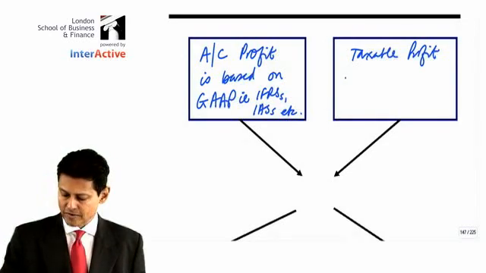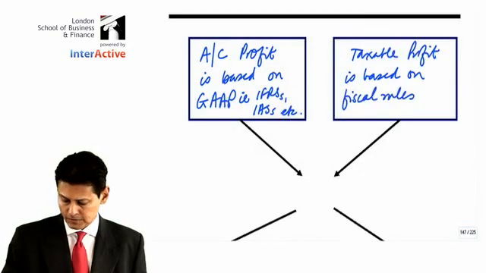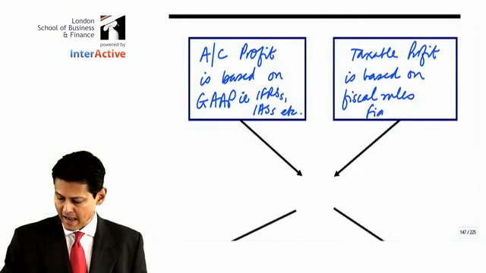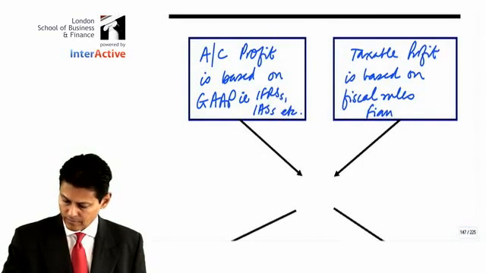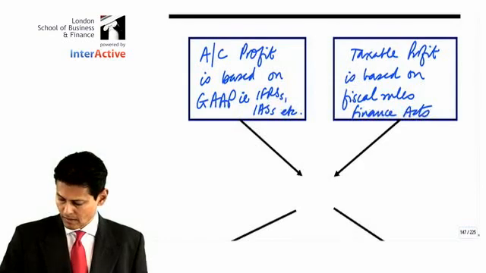Whereas taxable profit is based on fiscal rules, things like finance acts. Okay, so let's, for simplicity, say that the accounting profit is 250,000, the taxable profit is 150,000. So the difference is 100,000.